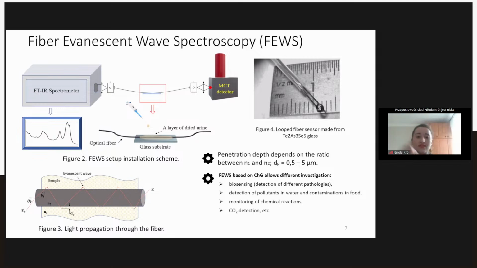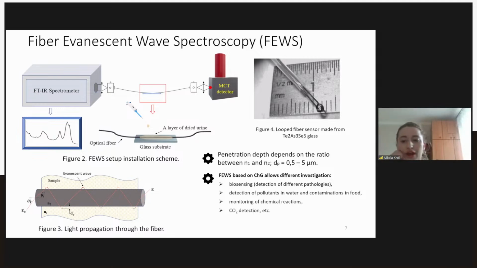Okay, so let's consider what FEWS is. When light undergoes total internal reflection while passing through a fiber, at the reflection points on the surface of the fiber an evanescent field occurs. Evanescent waves interact with the environment and return to the fiber.